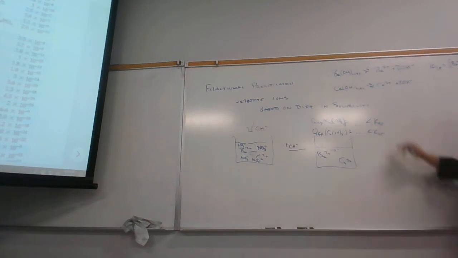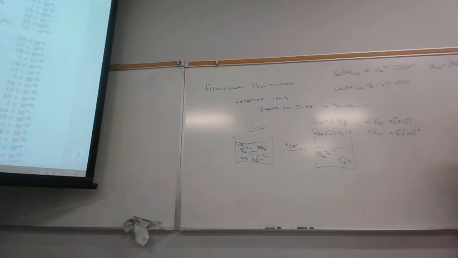Now the two KSPs are quite a bit different because barium hydroxide's KSP is 5 times 10⁻³, whereas calcium hydroxide's KSP is 3 orders of magnitude smaller, 5.5 times 10⁻⁶.